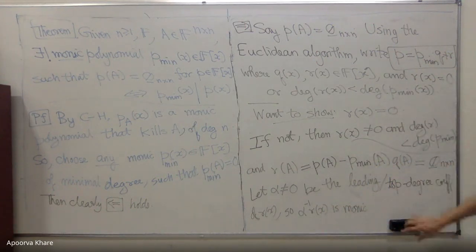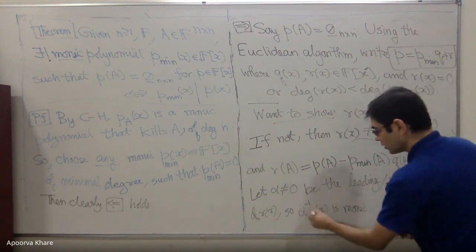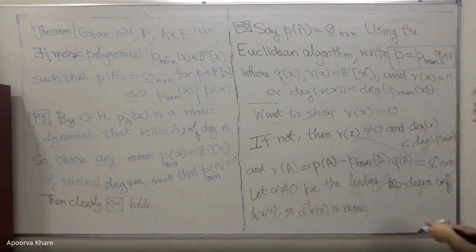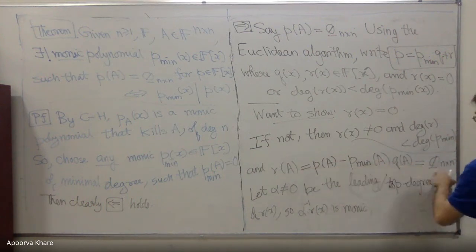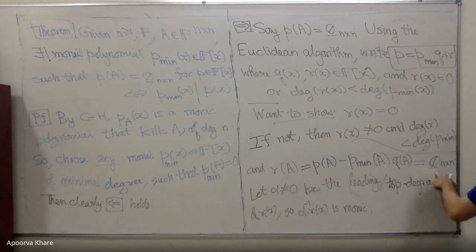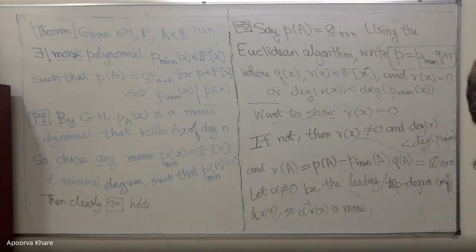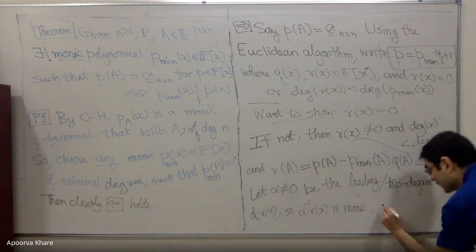Just because I'm dividing by the top degree term. Not only that, if you multiply a scalar by R of A, then you get a scalar times 0. So alpha inverse times 0 is also 0. So this is monic, it kills A.